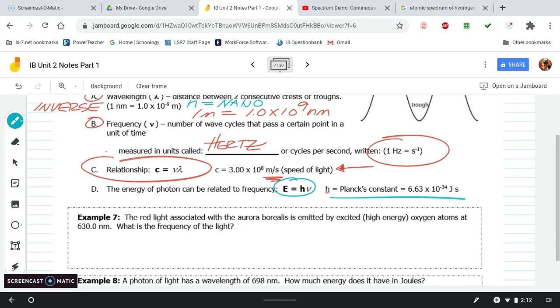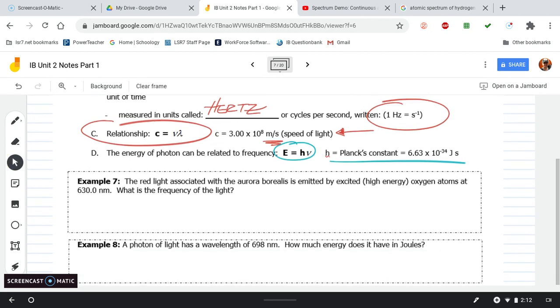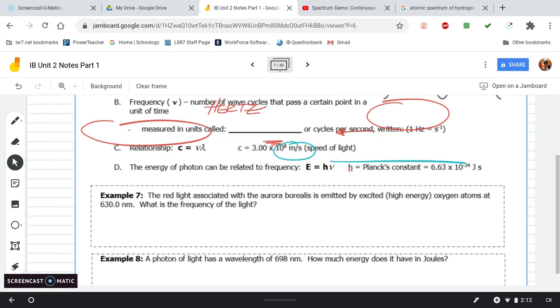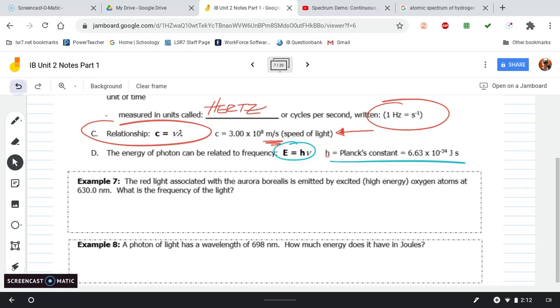So we have a couple of quick math problems to work through. It says the red light associated with the aurora borealis is emitted by high energy oxygen atoms at 630 nanometers. Right away, we have nanometers, and as soon as you get nanometers, you know they're talking about wavelength.